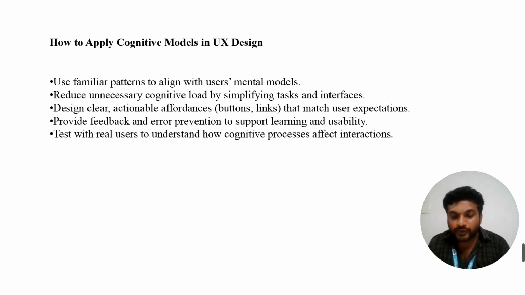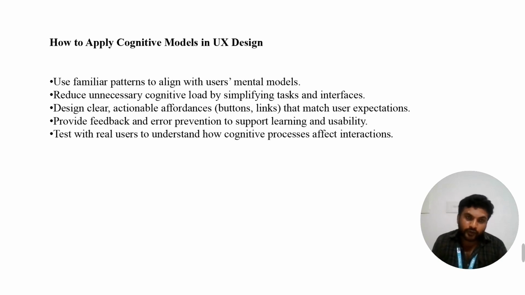It represents how the user thinks and processes information while interacting with the system. It helps designers understand user behaviors, predict actions, and create user-friendly interfaces. So here: situation, then automatic thoughts, reactions, emotions, behaviors, and psychological response. Here emotion, behavior, and psychological responses are reactions to thoughts.